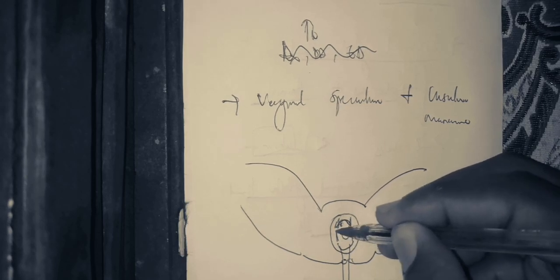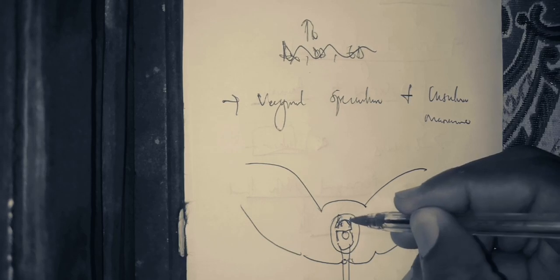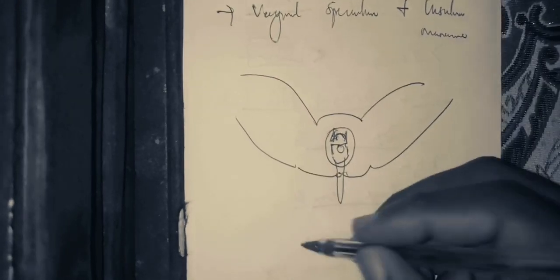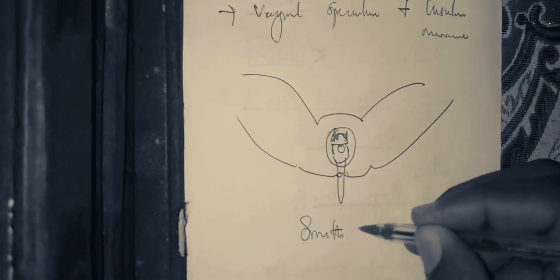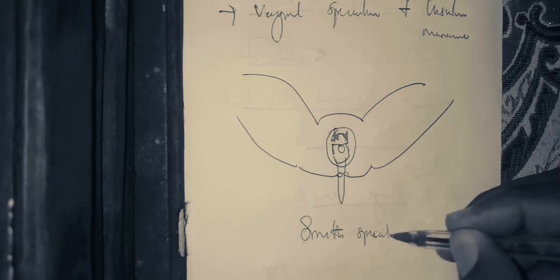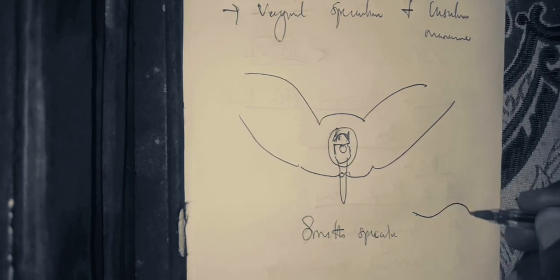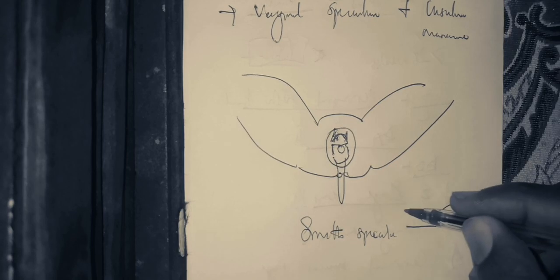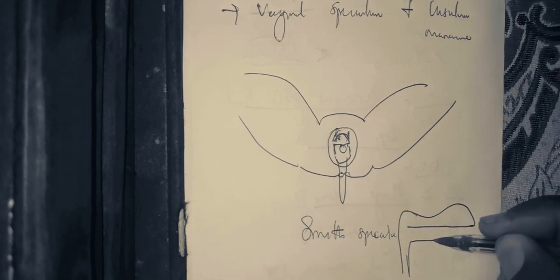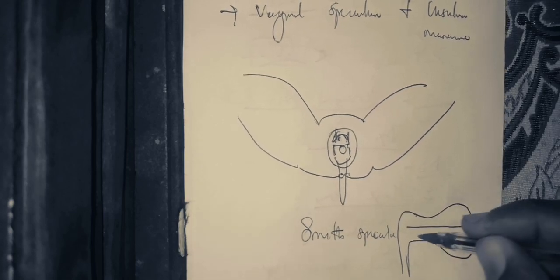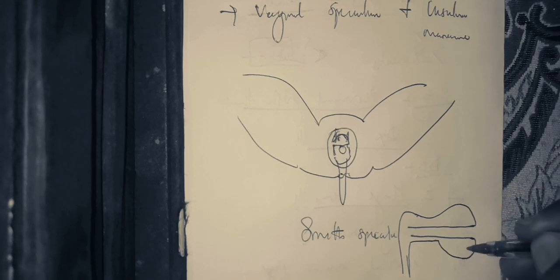Generally, when you have a pregnant woman who has already had multiple pregnancies, we use the speculum called the Smith's speculum. The Smith's speculum is the one that has this curve here. You see it has a big top and a big bottom.